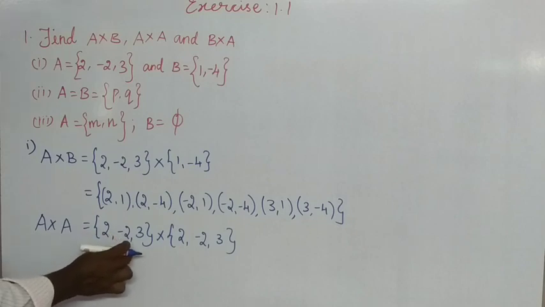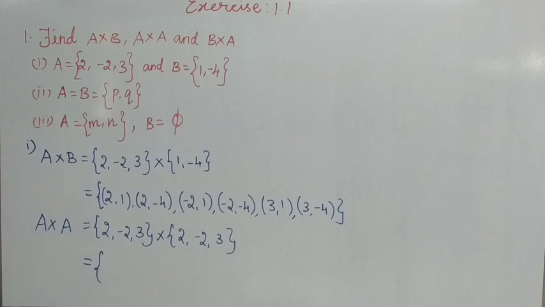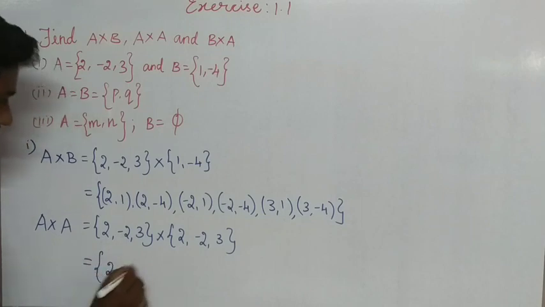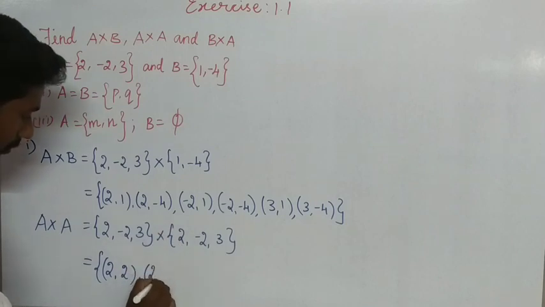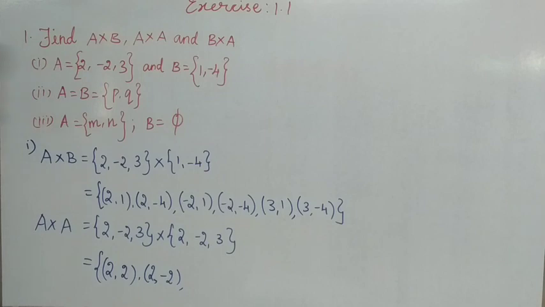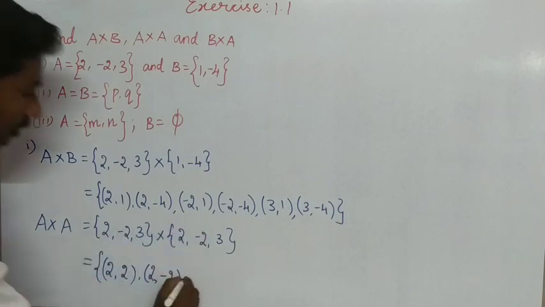So first set with another set, both are the same set only. So first element in the first set with all the elements in the second set: 2 comma 2, then 2 comma minus 2, then 2 comma 3.